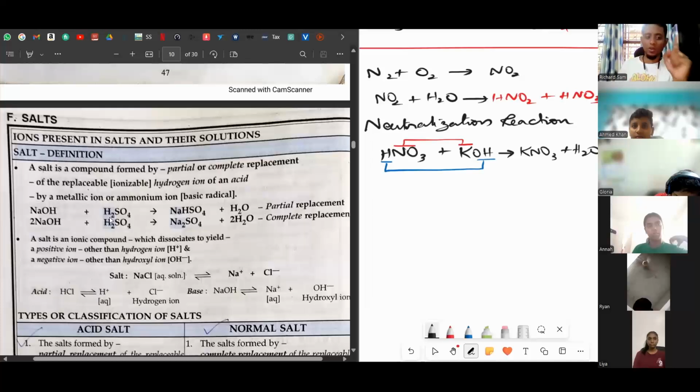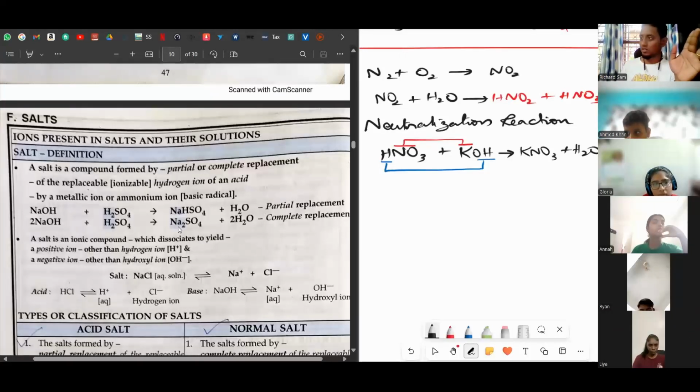In the first step, only one hydrogen gets replaced. In the second step, the second hydrogen gets replaced. In the first step, there's only partial replacement. So out of the 2 hydrogens present here, only one is replaced with sodium, and you get NaHSO4. And then if both the hydrogens are replaced, you get two sodiums, Na2SO4.